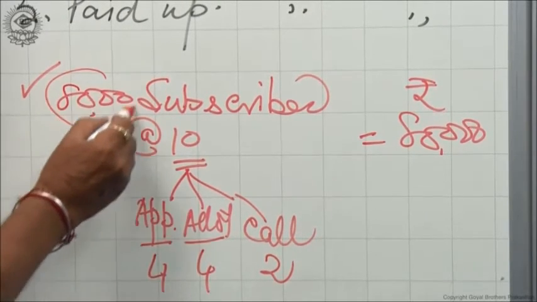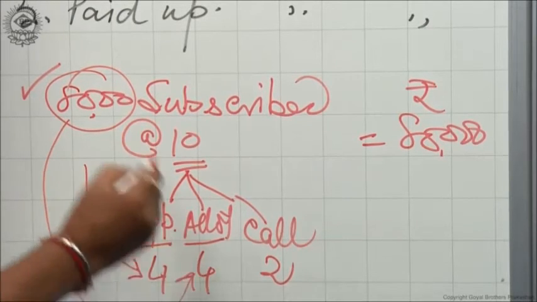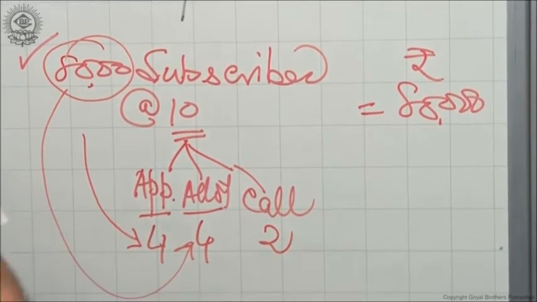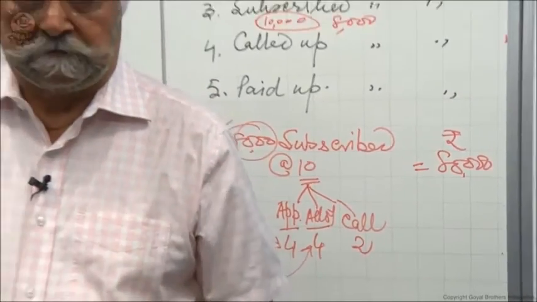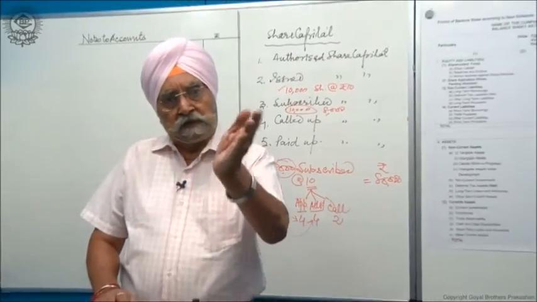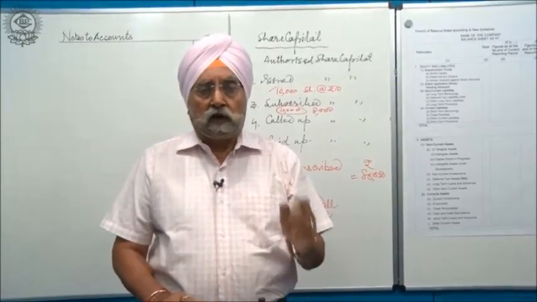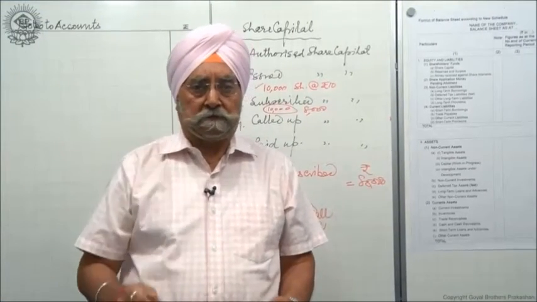All these people, सबने 4 रुपए भी दिए, सबने ये 4 रुपए भी दिए, they have paid 8 rupees, but they will pay only when the company calls them to pay. एप्लीकेशन के साथ तो पैसा एप्लीकेशन मनी का जाएगा, but allotment money will be paid only when the company calls them to pay.